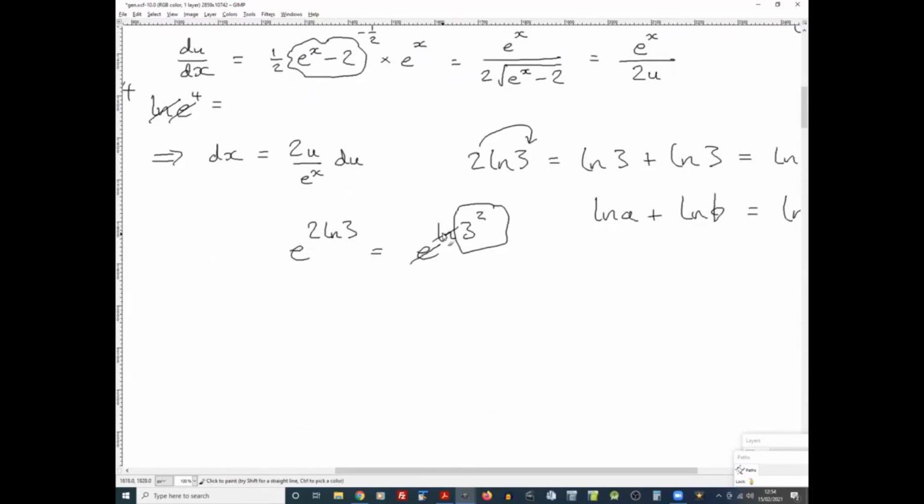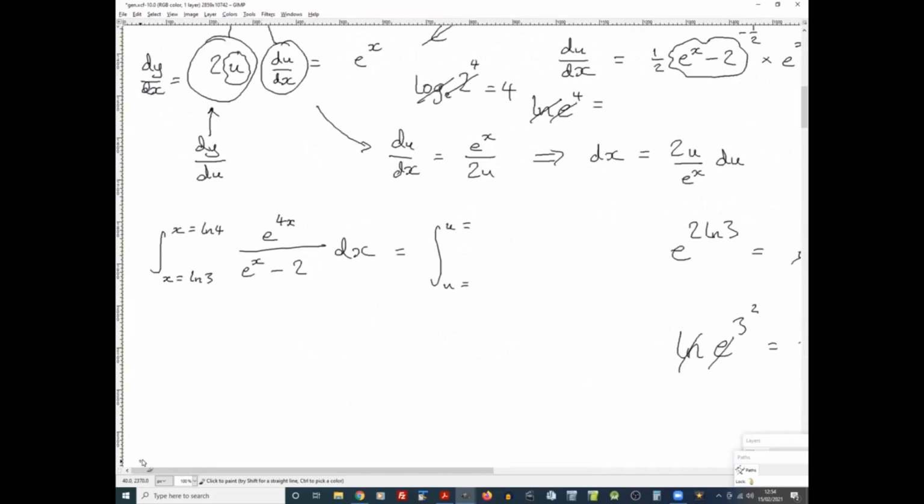Not only is e to the log of anything cancelling, but also the log of that base to that power, they would cancel too. Either way round. Number to the power of the log cancels. Log of that number raised to whatever power also cancels.